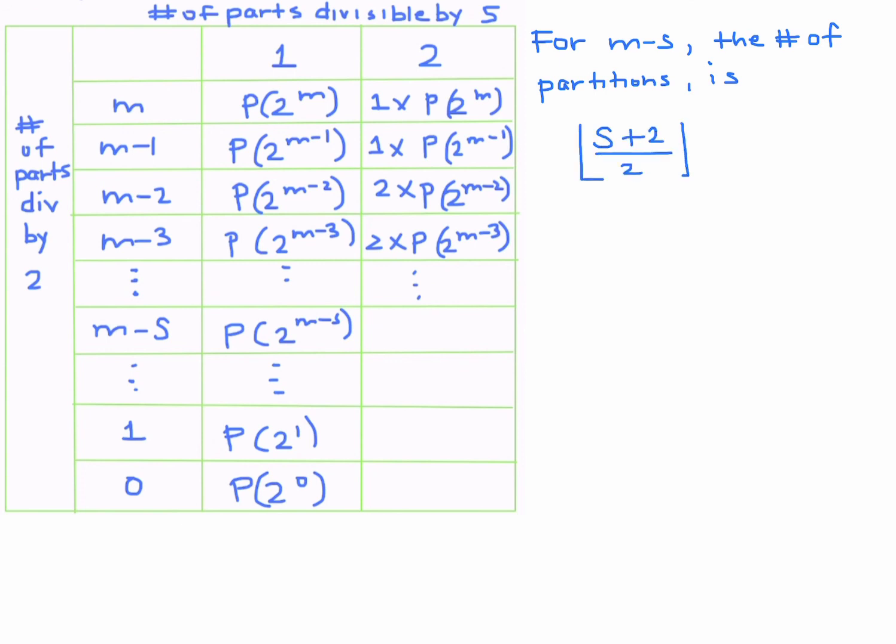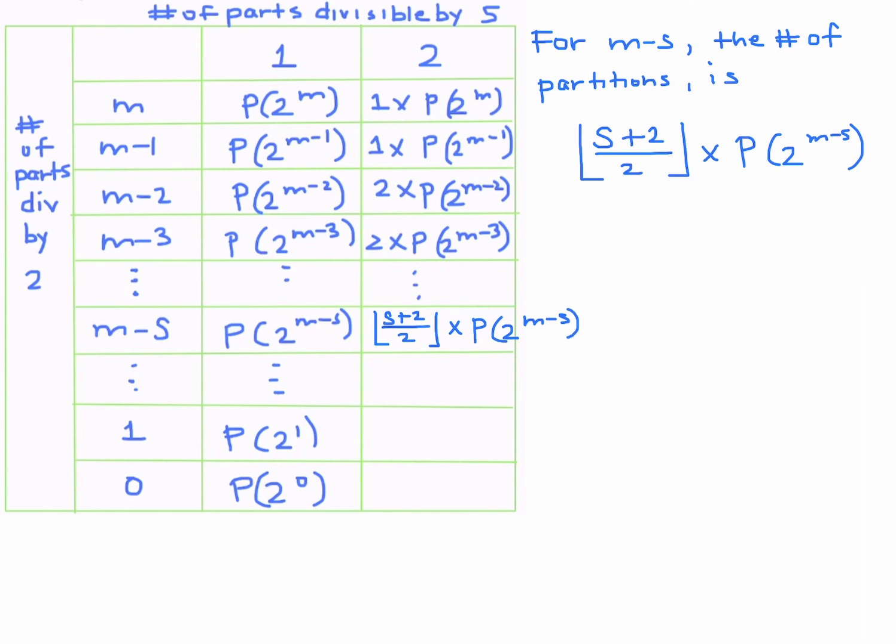You take the integer value, that's what that symbol means, and you multiply it by 2 to the power of m minus s, the p of that. So that's what I'm going to put here. S plus 2 over 2, the integer value, times p at 2 to the m minus s.